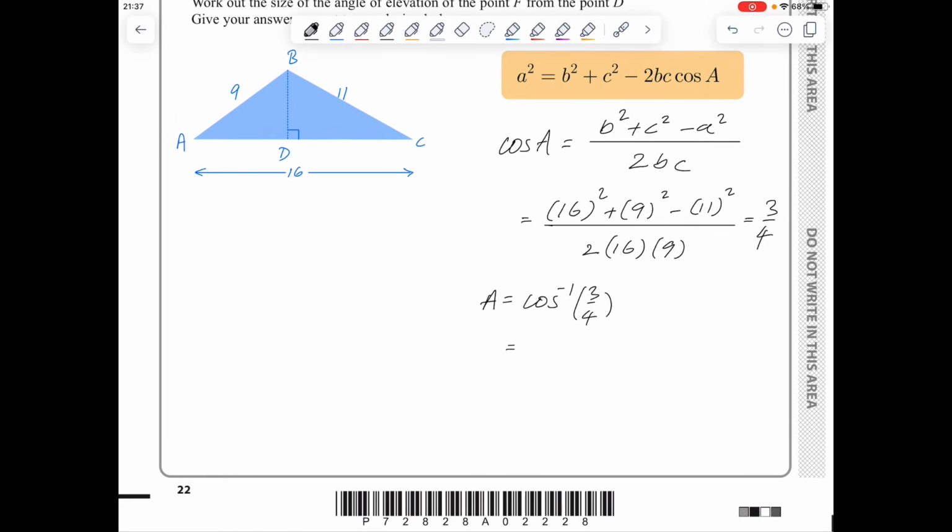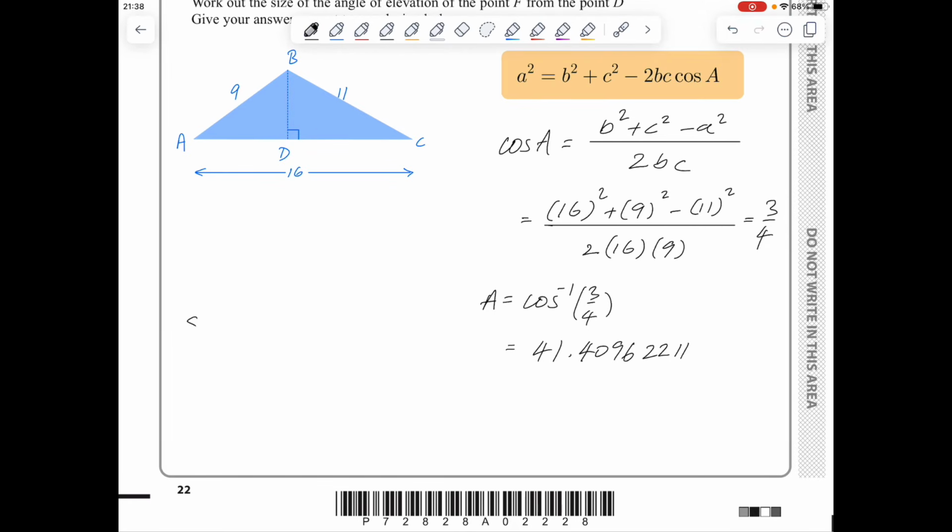And this comes out to be 41.40962211. Then I'm going to use the right angle triangle from this blue triangle to find the side BD.